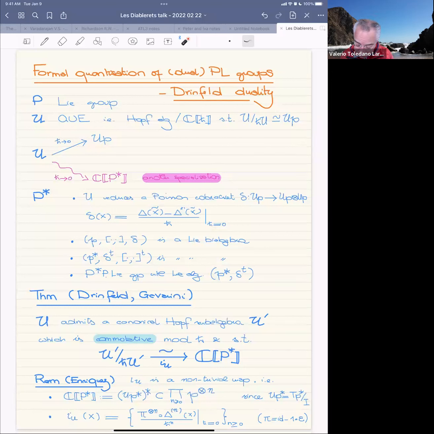And now I have the Lie algebra P, the standard bracket, I have this Poisson co-bracket, and this is a Lie algebra. And I can take its transpose, so I can take the dual vector space, the transpose co-bracket, which is now a bracket, and this is also a Lie algebra. And P star, by definition, is the Poisson Lie group which has this Lie algebra here.